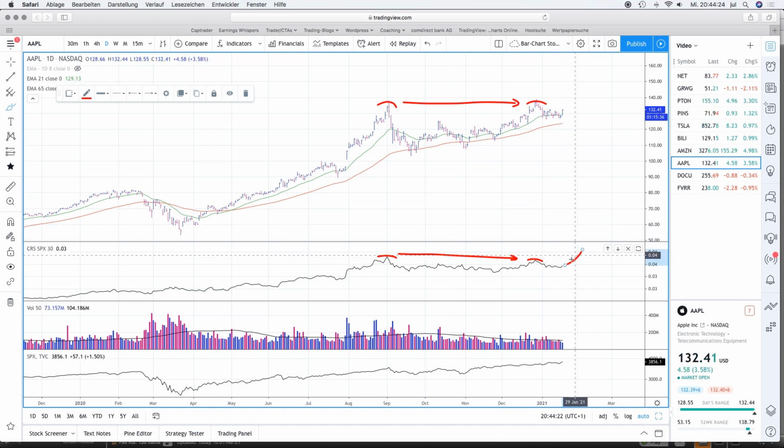If you see that the RS line is turning up again and the price is turning up or going sideways, but the RS line is strongly up, that means Apple is resuming its outperformance, and that's a very, very good sign.